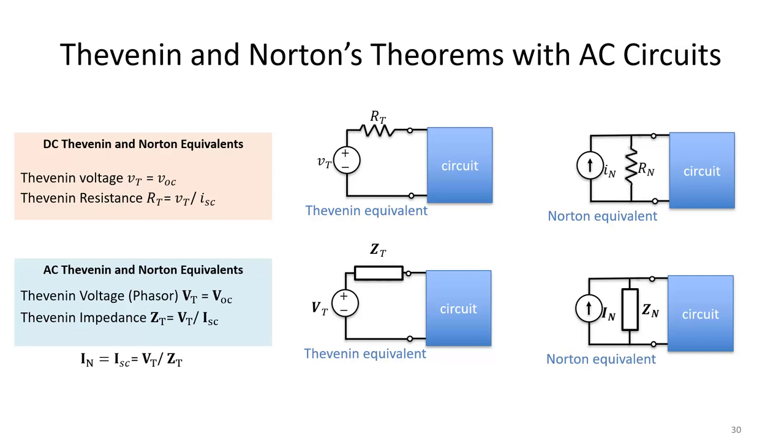First, our Thevenin voltage becomes the Thevenin voltage phasor, and Thevenin impedance replaces our Thevenin resistance. Similarly, the Norton current is replaced with a current phasor, and the Norton impedance replaces the Norton resistance. Still, as we learned with source transformation, we can convert easily between Thevenin and Norton.